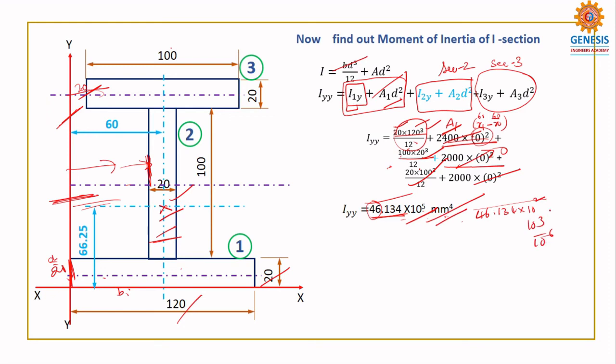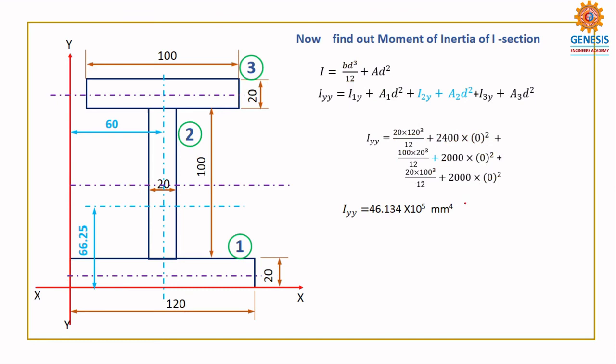So don't show the full number like 4, 6, 1, 3, 4, 4, 1, 4, 5. I don't have time to verify. Okay, so that is about the moment of inertia about the y-axis. Got my point?